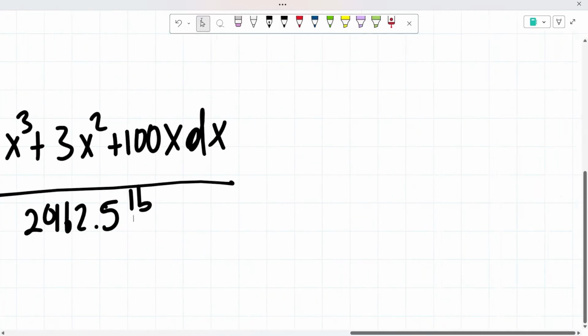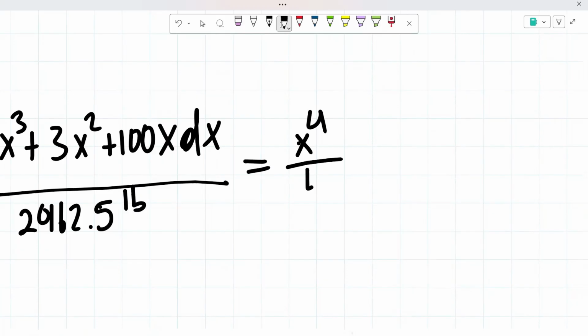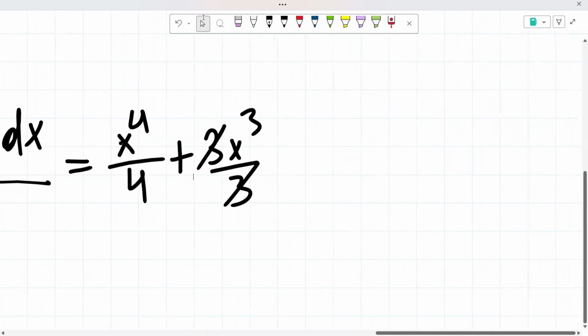And then from there, we would end up getting x to the 4 over 4 plus 3x cubed over 3. That would get simplified out. That would cancel the 3's out.